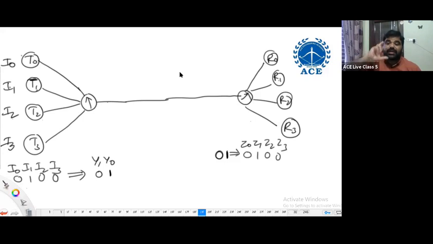The decoder decodes the encoded information, then only one output is one and all the remaining are zeros. It is enabling only one. Please wait for question hour. I will help you more about this.